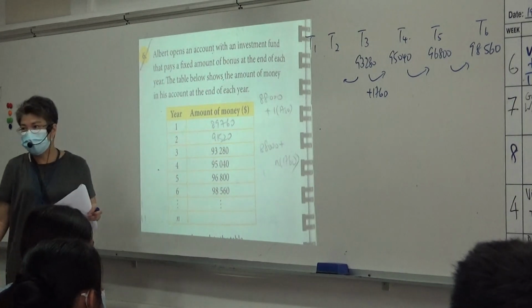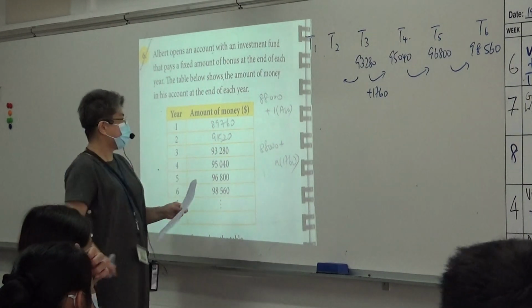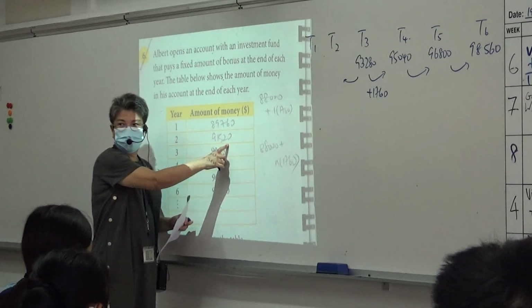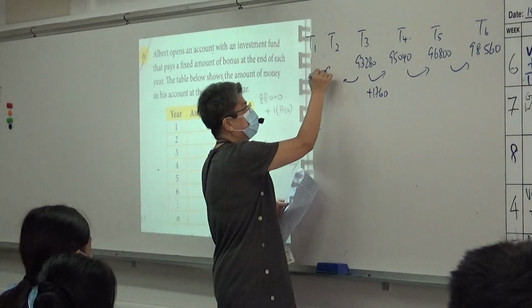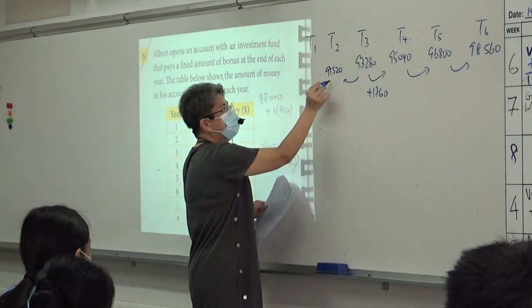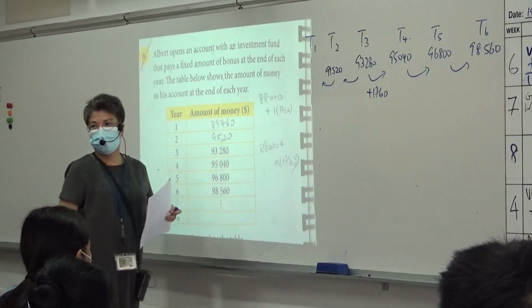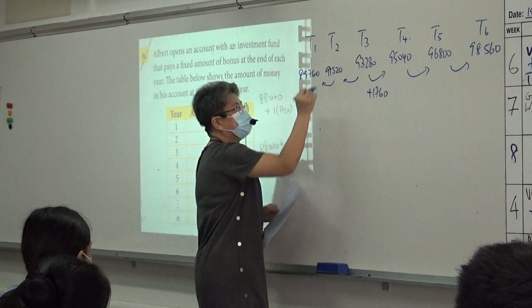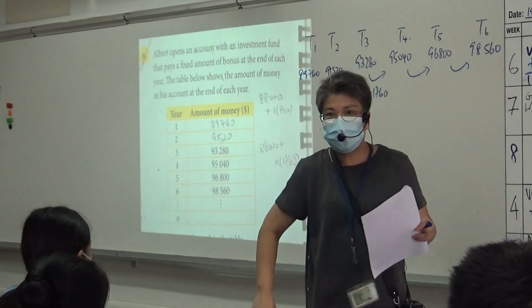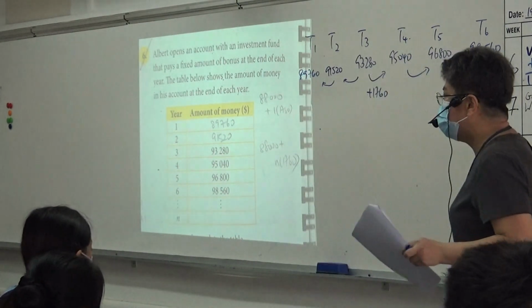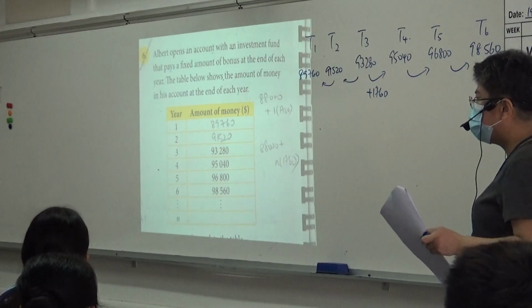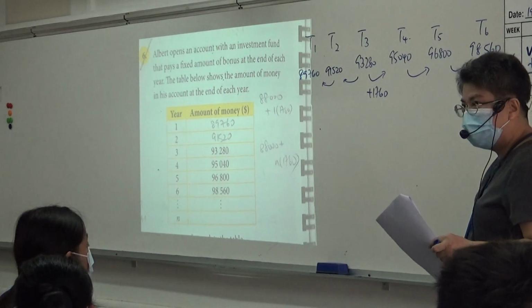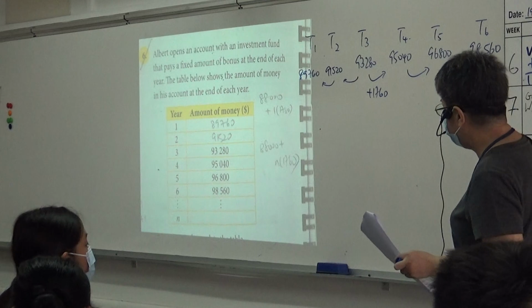Minus 1760. So what should it be? 91,520, right? Then, how do I get back this one? 89,760, right? Are you clear now? So that's how I fill in the blanks.